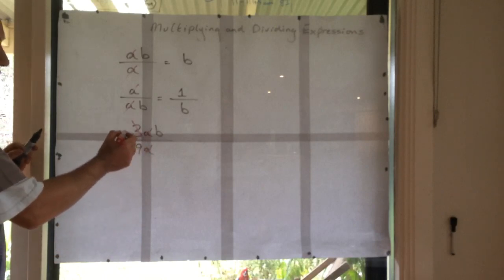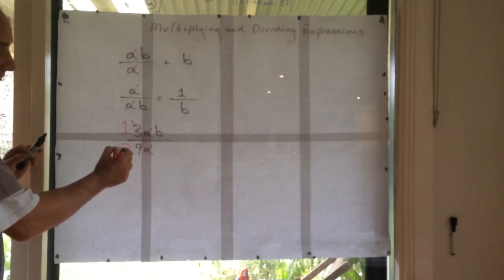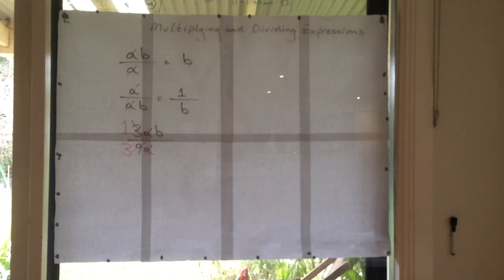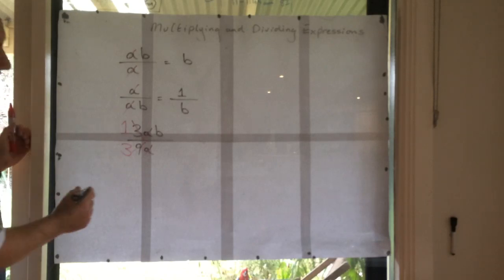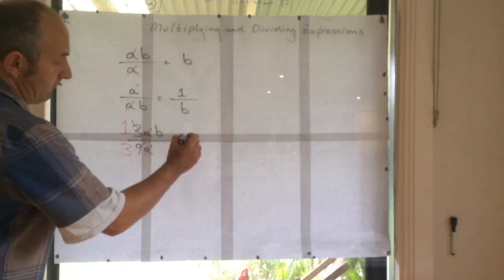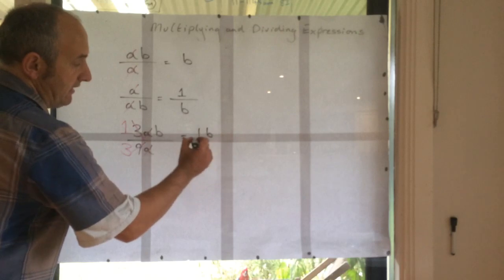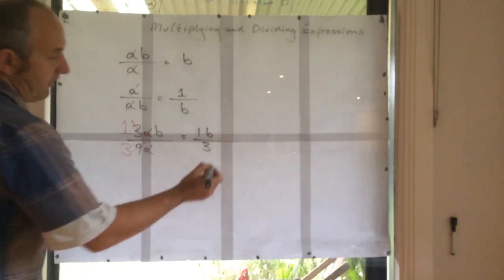Well, 3 goes into 3 once, and 3 goes into 9 3 times. So now I've got 1b over 3. So I could at the moment just write 1b over 3.